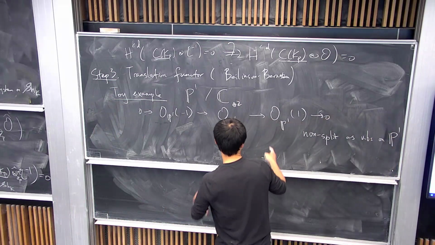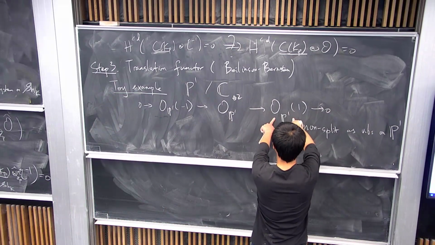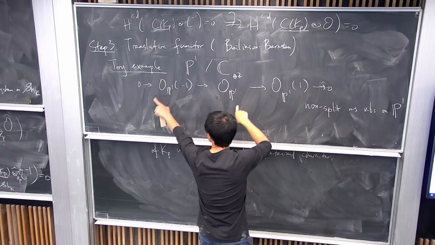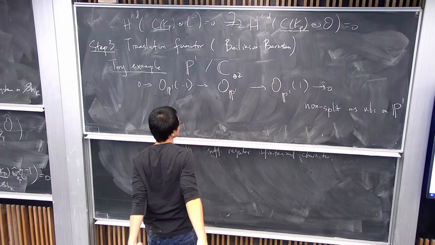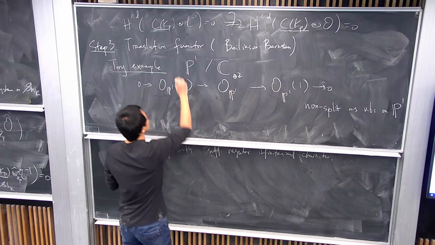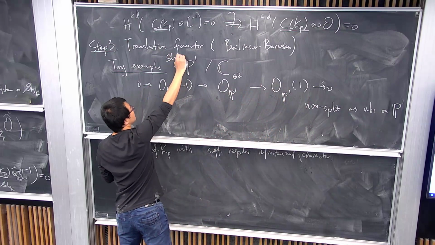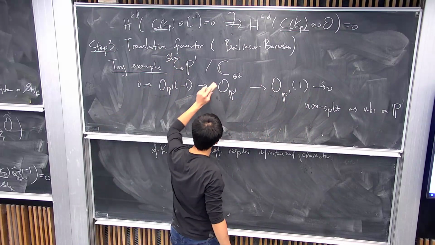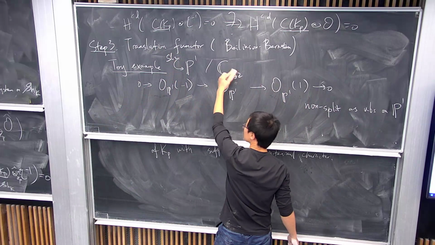To see this, if you just take the global sections, it's two-dimensional, so you get such a map. And the kernel also gives you a line bundle. On P1, we have the action of SL2. So actually, this exact sequence is also SL2-equivariant if you interpret this 2 in the correct way.